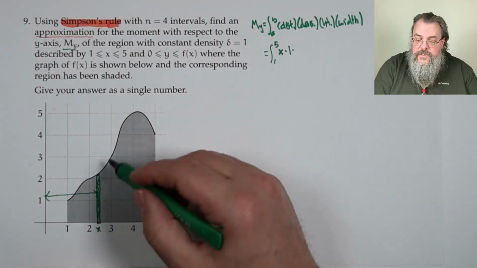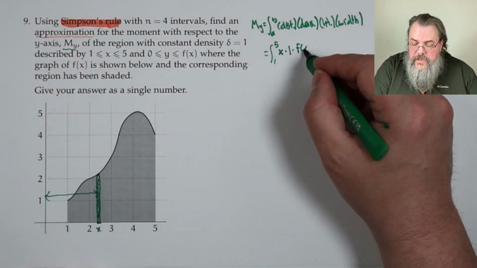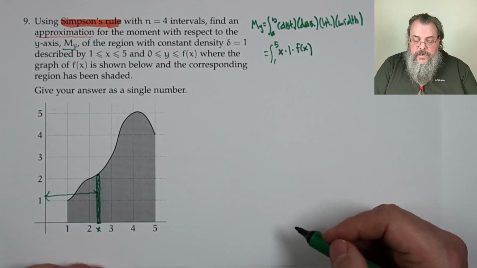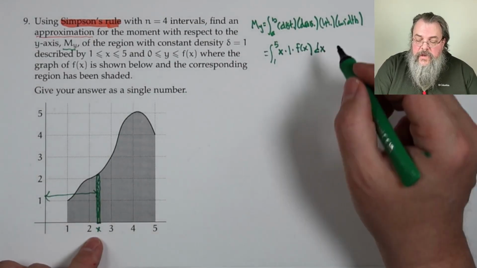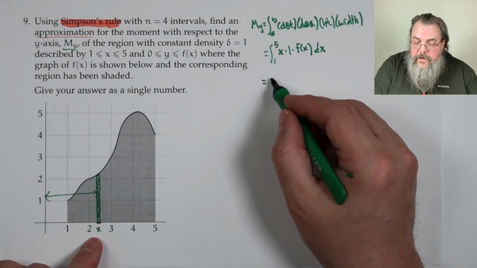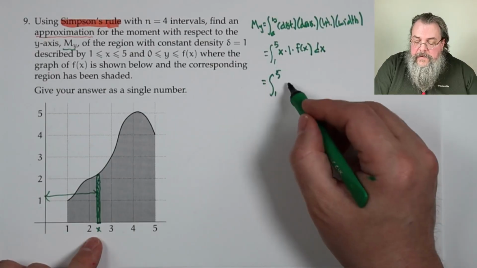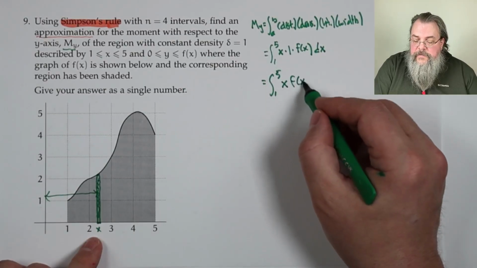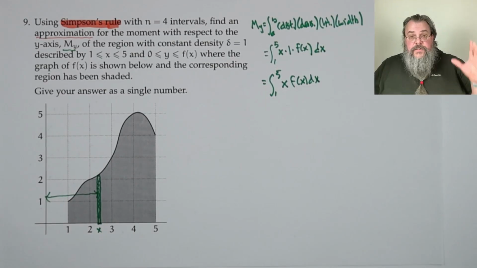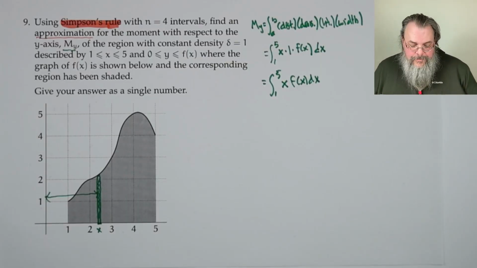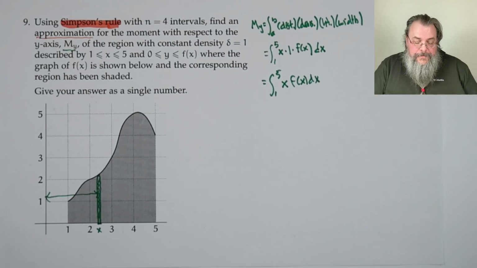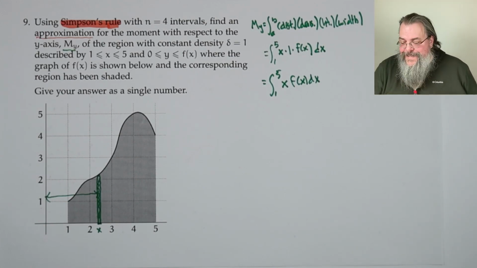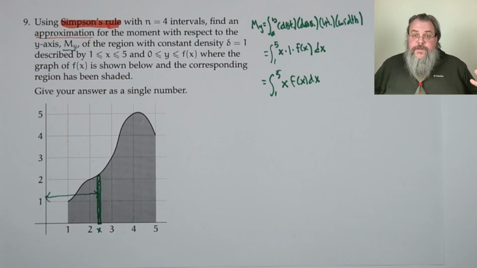It's the function, which we don't really know what that function is. And what's our width? It's the small change in x, dx. So we are after the integral of x f of x dx. That's our goal. But we're not going to integrate it because we don't know what f is. We approximate that.